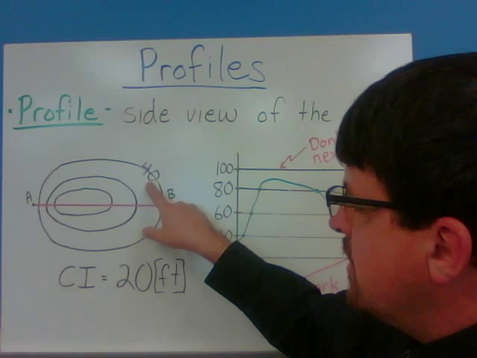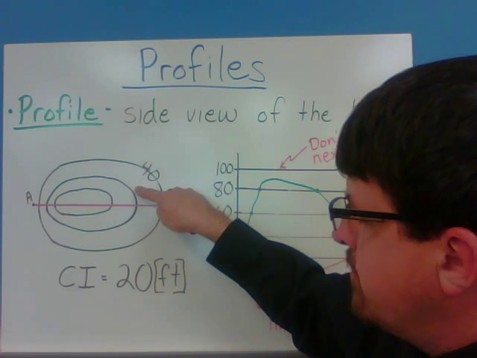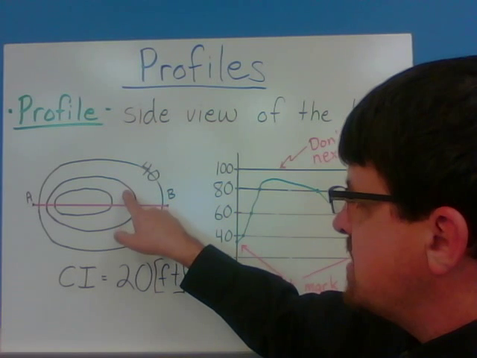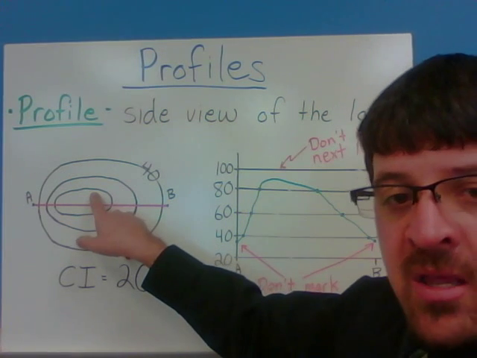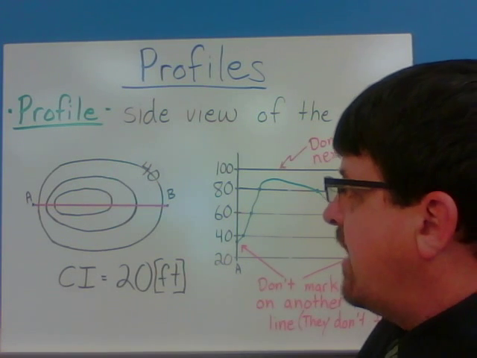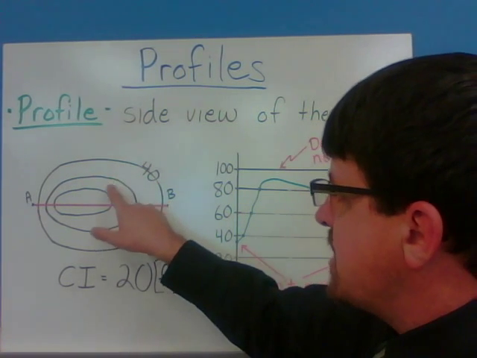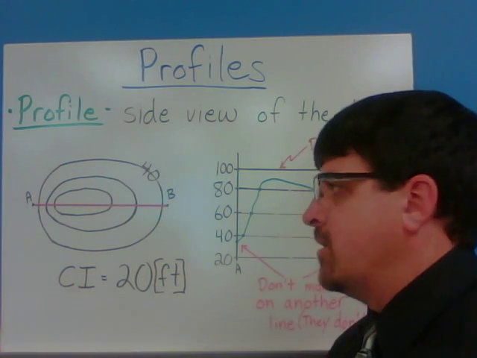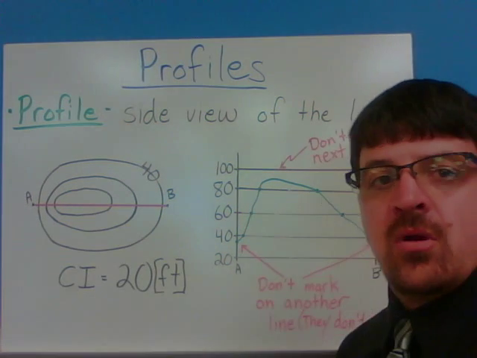So that's 40 feet. The value of that line should be 60 feet if it's a contour interval of 20. So that would be 60, and that would be 80. If you want to label that on your map, go ahead and do so right now, because you really should have that on there. Now, so if that's 40, 60, 80, the peak of this hill, can it be 100? No, it can't be. Because do you see another 100 line?